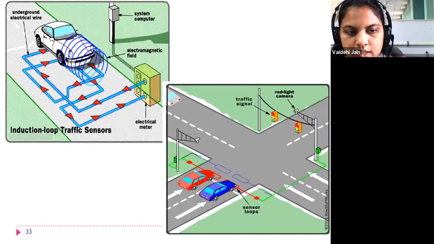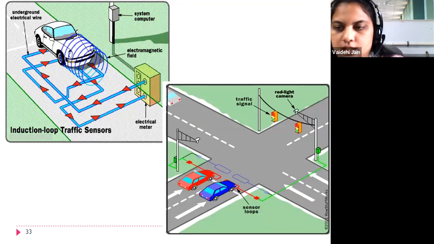Here we have already done with this induction loop traffic sensor, and the other image is the traffic signal and the sensor loop. This is something which is actually implemented in a country.